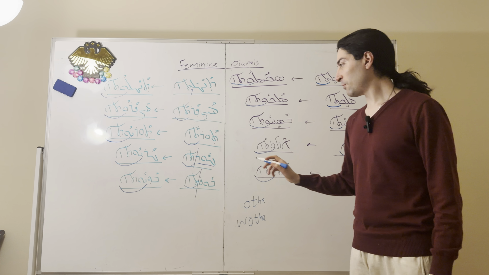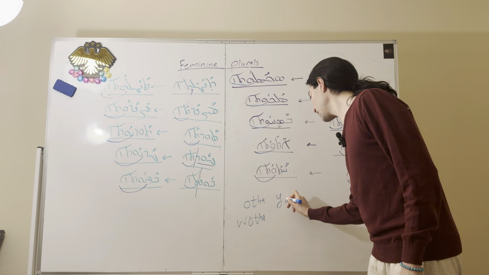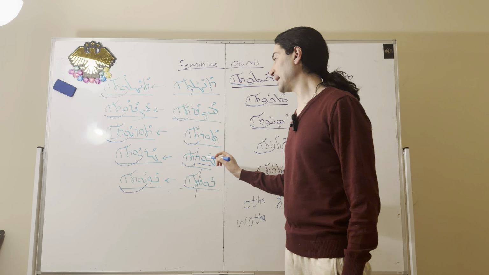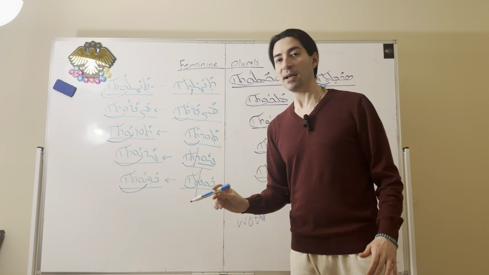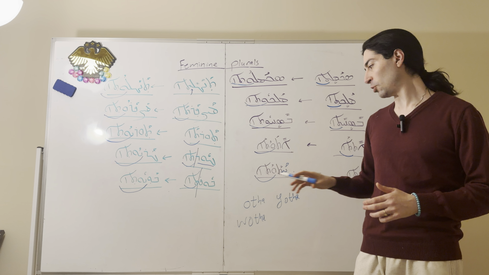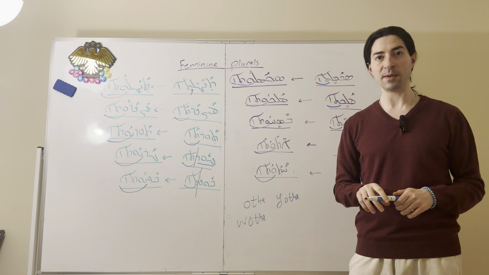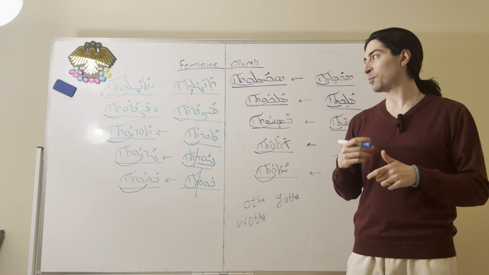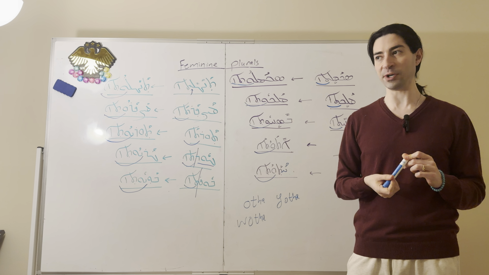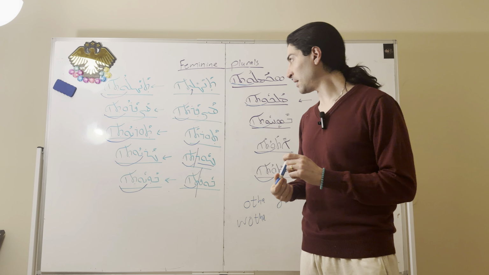And then we have yotha. And yotha is mostly for nouns that end in cha, preceded by a single long syllable. So otha, wotha, or yotha. And with practice, it becomes easy to hear when you're saying it correctly or not. And I will stop here.